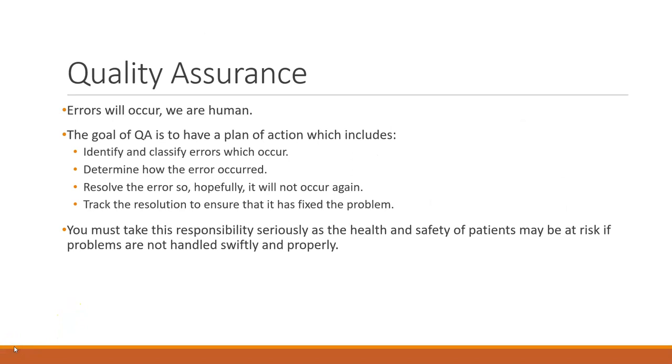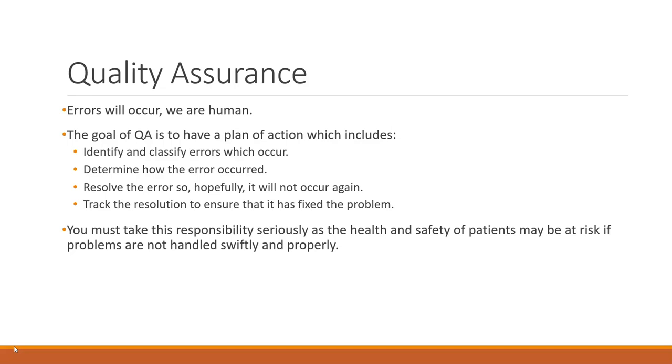So quality assurance: errors will occur. We are human. I can tell you stories of errors that I made, but once I recognized them, because there were processes built into my system, I was able to correct those before they caused harm to the patient. The goal of QA is to have a plan of action which includes identifying and classifying errors which occur, determining how that error occurred, and resolving the error so hopefully it will not occur again.